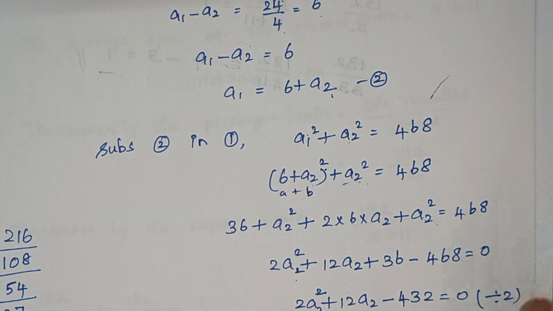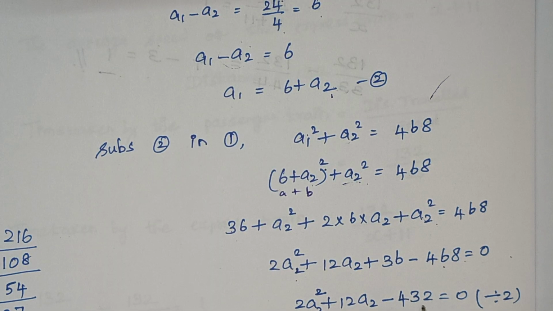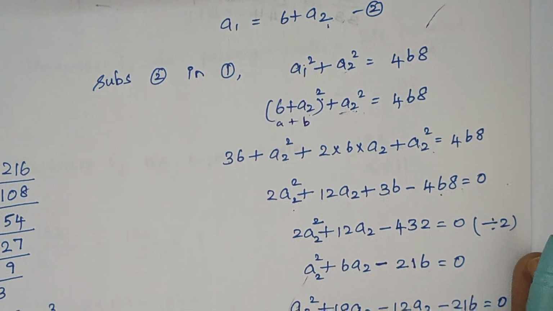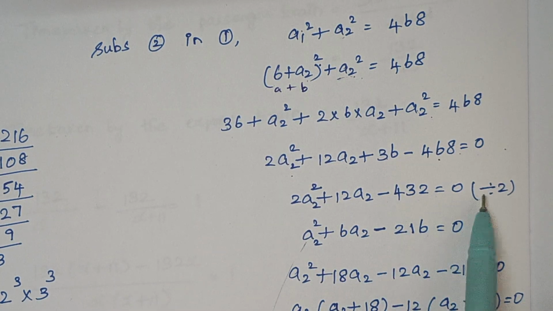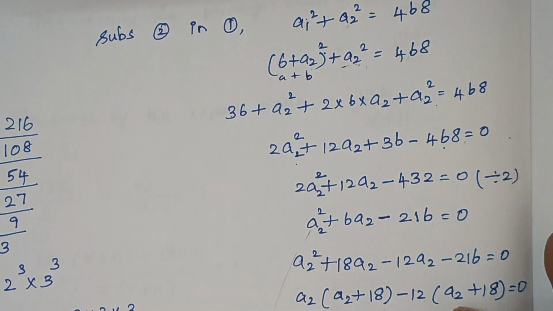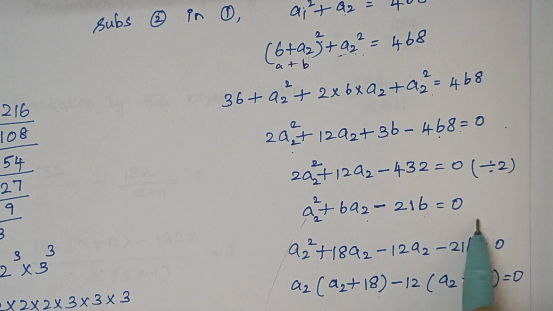So here it is minus 468 equal to 0. So 36 minus 468 gives minus 432, and this equation can be divided by 2. So when you divide this by 2, we have a2 square plus 6a2 minus 216 equal to 0.